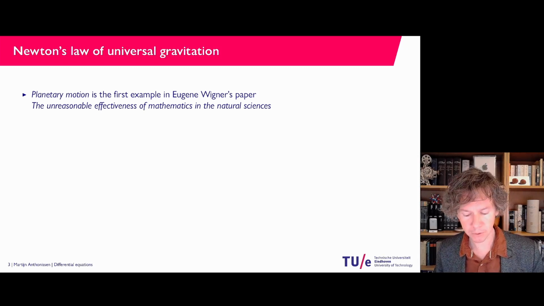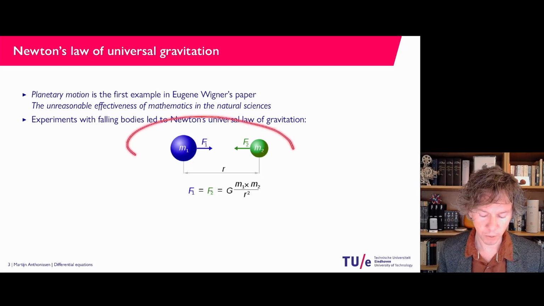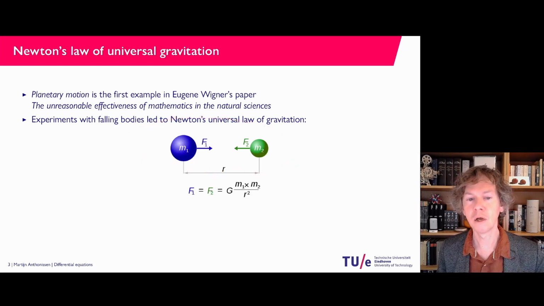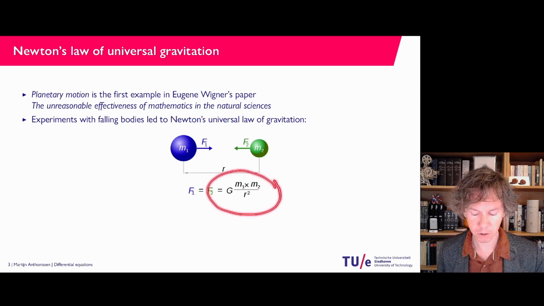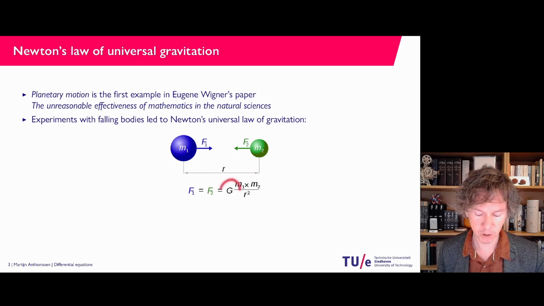And one of those examples is Newton's law of gravitation. So Newton did a couple of experiments with falling bodies, and he found that if you have two bodies with certain masses m1 and m2, they have a force on each other, and the size of these forces F1 and F2, of course they are vectors, is given by this relation. So it's some constant, the gravitation constant, capital G, and then the product of the masses m1 times m2, and then you have to divide by the distance between them squared.